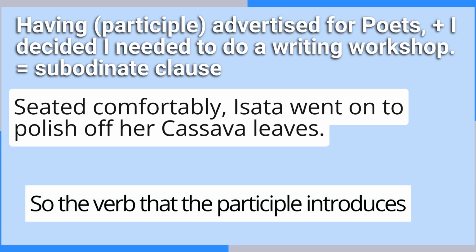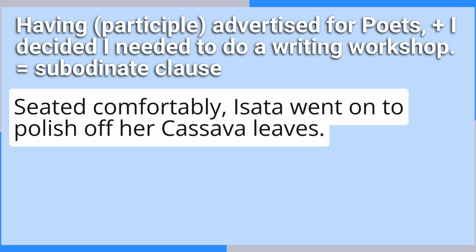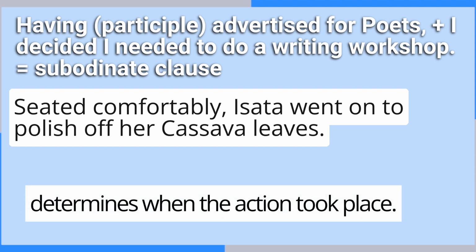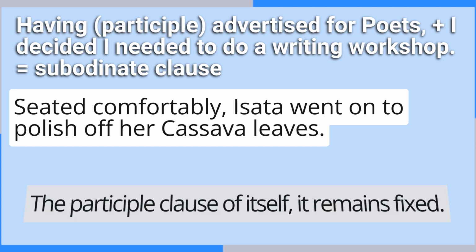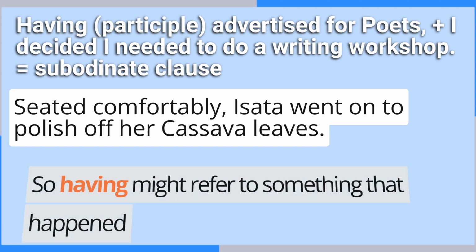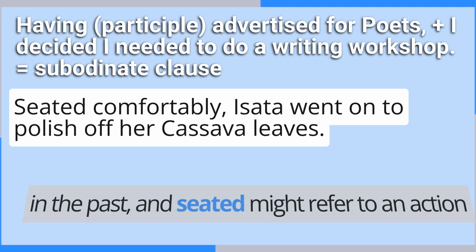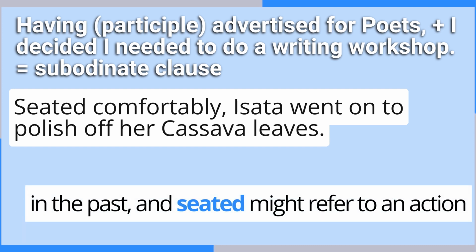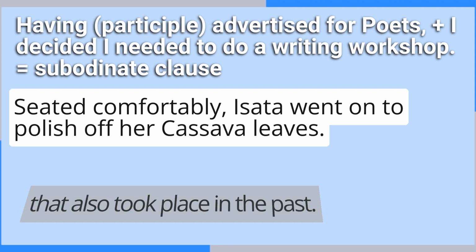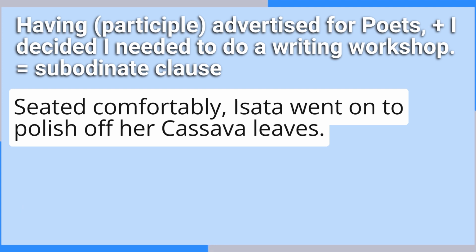So the verb that the participle introduces determines when the action took place. The participle clause of itself remains fixed. So having might refer to something that happened in the past, and seated might refer to an action that also took place in the past.